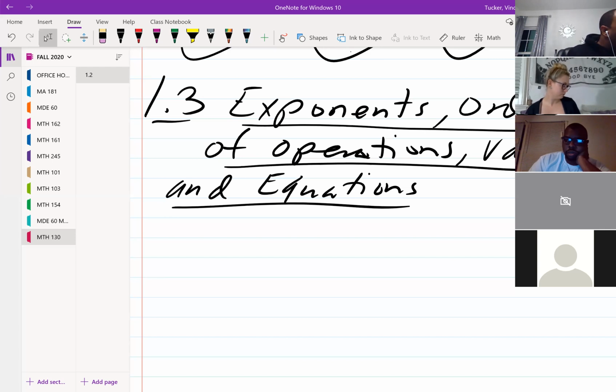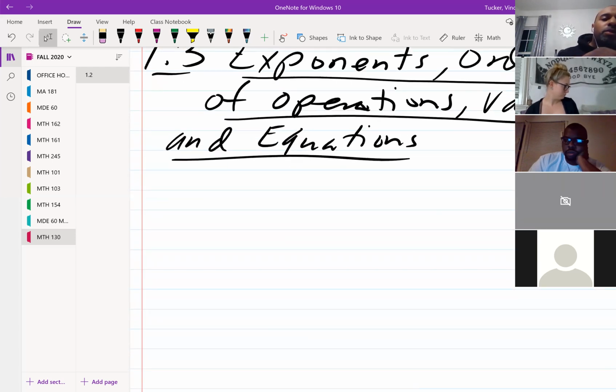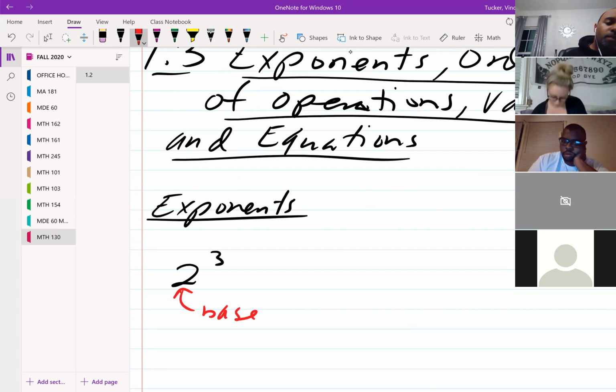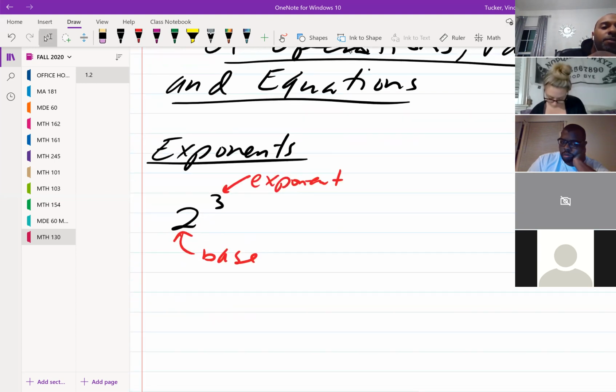Okay. So first thing we're looking at are exponents. So if we have 2 to the third power, that's different than having 3 to the second power.